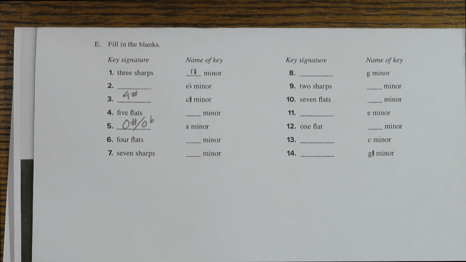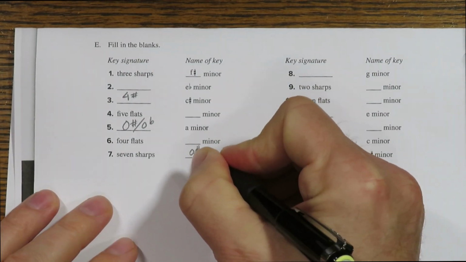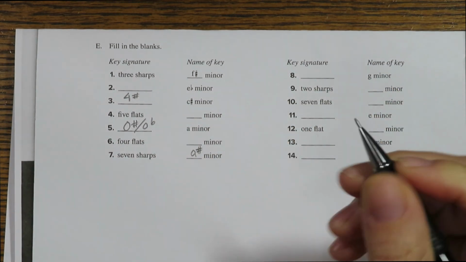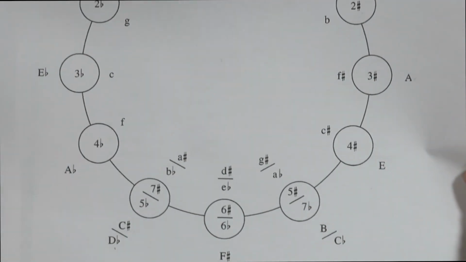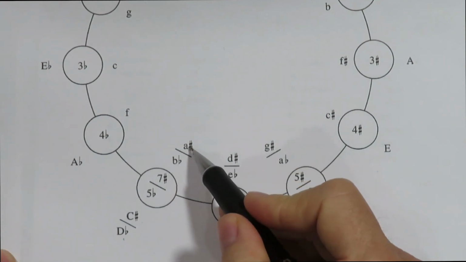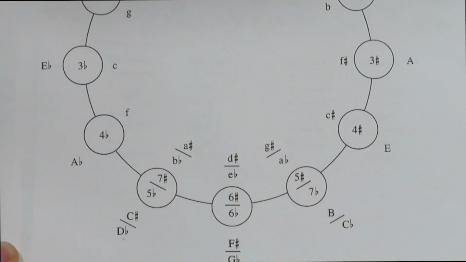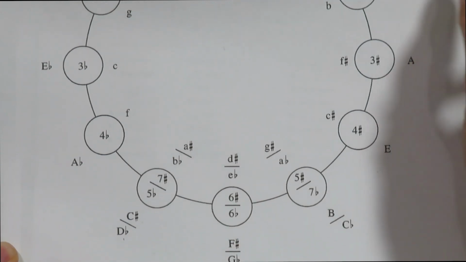So we need to find the relative of C sharp major. If we go down a minor third, we land on the A sharp. And let's check that. And here we have the A sharp minor, 7 sharps, relative to C sharp major. Okay.